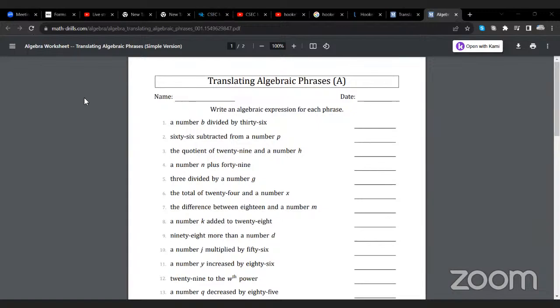Everybody agrees? No, you just write the expression. B divided by 36. That's what it's saying. You can either write it like this or B, division sign, and 36. Either way can work.